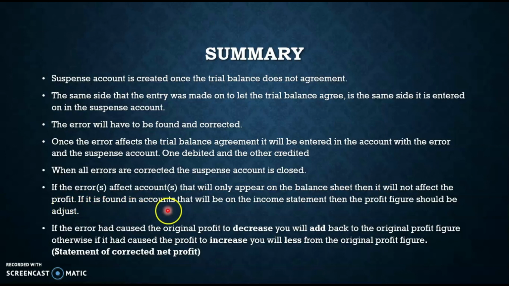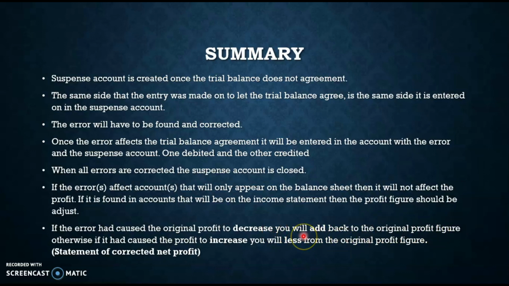If it is found in the accounts that will be on the income statements, like your sales and your purchases and your expenses and your revenues, those will definitely affect your profit figure, so we would have to make adjustments to it. If those errors would have caused your original profit to decrease, you would add back to the original profit.